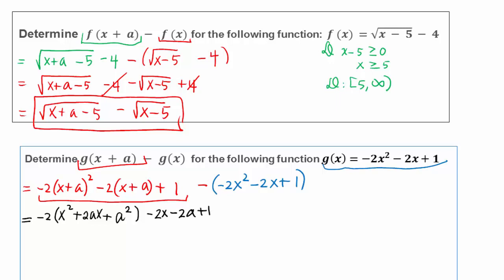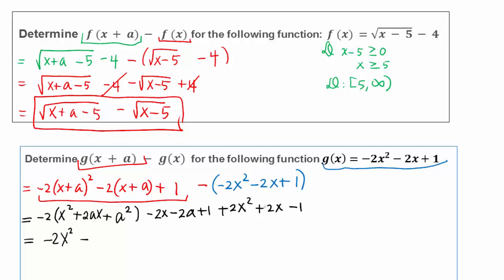Then what happens here? When you distribute the negativity, basically what you're going to do is just take opposite signs of each of the terms. So it becomes plus 2x squared, okay? And then plus 2x minus 1. Now let's see. Keep going. You're going to get minus 2x squared.